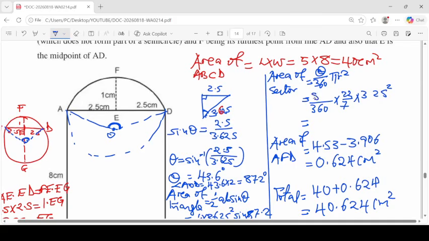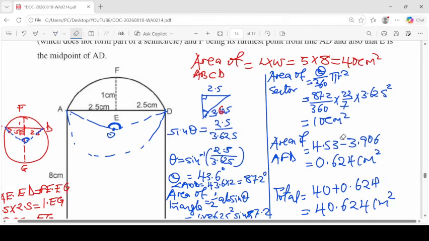So this is 87.2 over 360 times 22 over 7 times 3.625 squared. This gives you 10 square centimeters.